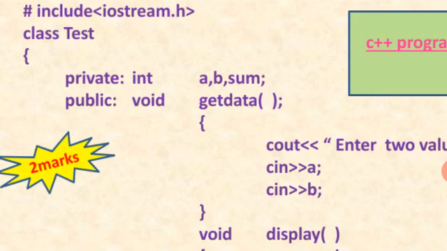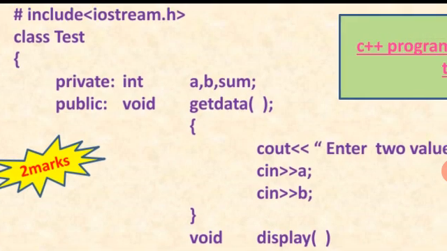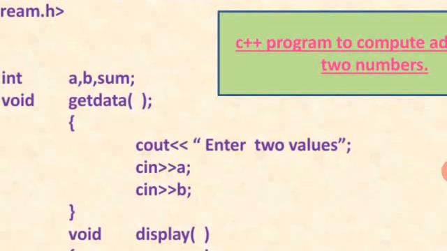I have declared them as integer type, which means there is no decimal value in them; they will be integer values. Next comes public. In public I have taken one function called getData. In getData, I am accepting the values for those 2 variables.